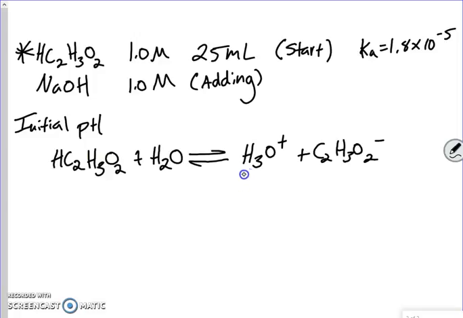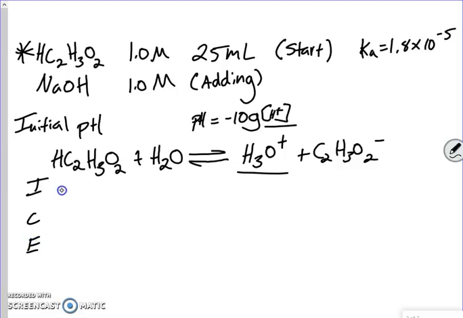If we're trying to find pH, remember pH equals the negative log of the hydronium ion concentration. So what we're looking for is the hydrogen ion concentration. Unlike a strong acid, we cannot assume all of this breaks down because it doesn't. By definition, it's weak. So we have to use our ICE table to determine how much does break down.